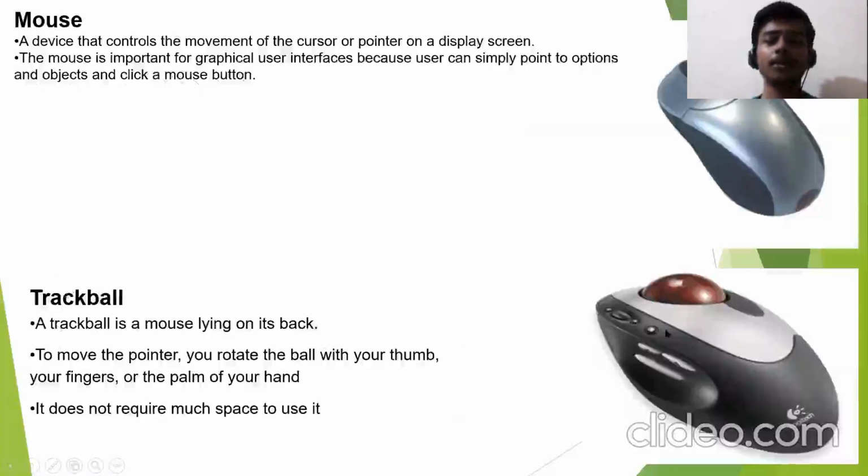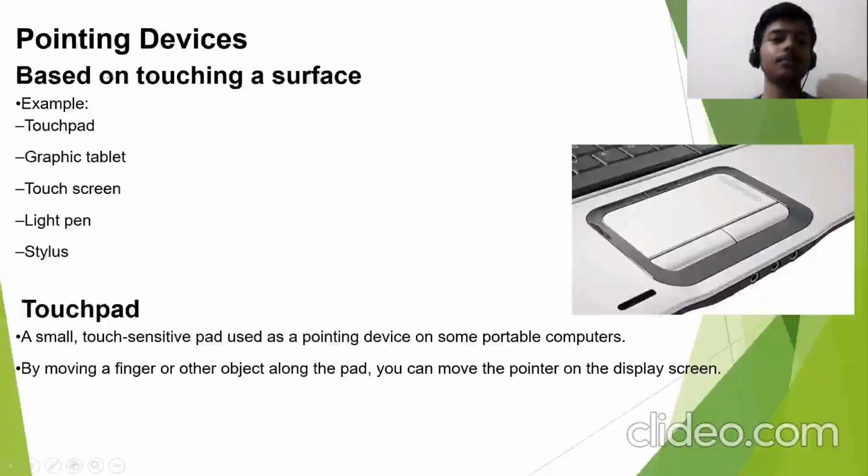Trackball. Trackball is a mouse lying on its back. To move the pointer, you rotate the ball with your thumb, your fingers, or with the palm of your hand. It does not require much space to use it.